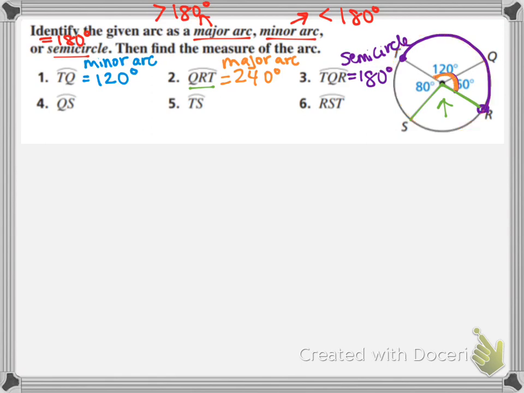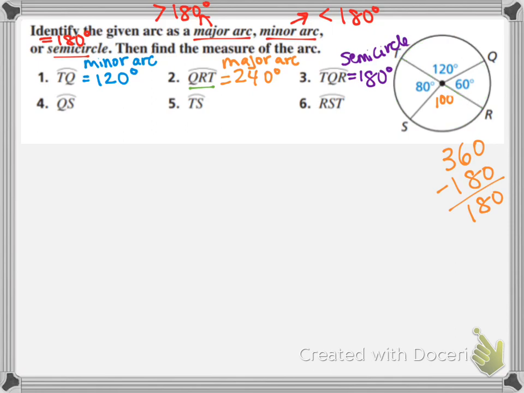If this piece is 180, 360 minus 180 is 180. So these two will also have to add up to 180. If you have 80 degrees of the 180, 180 minus 80 means this piece will be 100 degrees. It hasn't asked for it yet, but it's helpful to fill it in when we figure it out. Again, that is because TR is the diameter, which makes two semicircles.